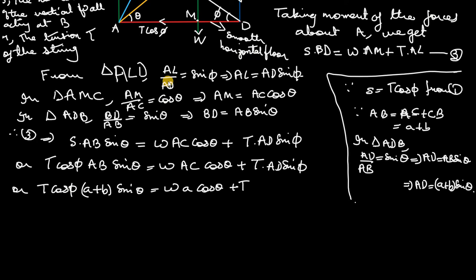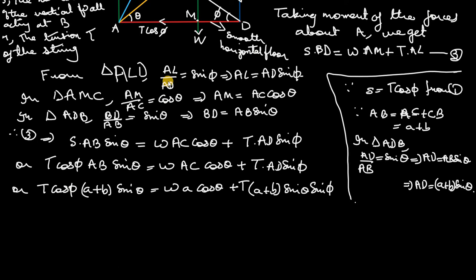So here, instead of AD, you replace it by this value, that is A plus B into sine theta sine phi. Now what we have to show is to find the tension T of the string. So bring this to this side.